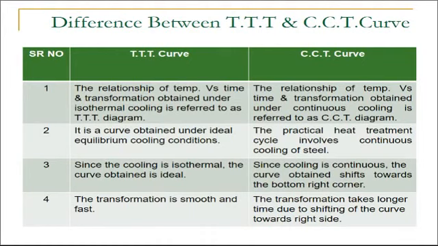In the case of the CCT curve, the cooling is continuous, and the curve obtained shifts toward the bottom right corner of the diagram. Fourth, the transformation is smooth and fast in the case of the TTT curve, whereas the transformation takes longer time due to shifting of the curve towards the right side. So these are the general differences between the TTT and CCT curve or diagram.